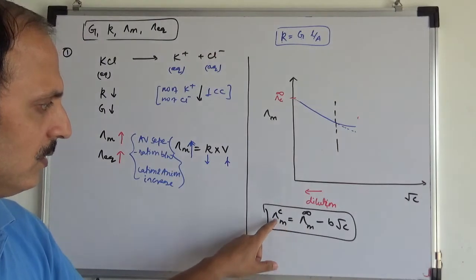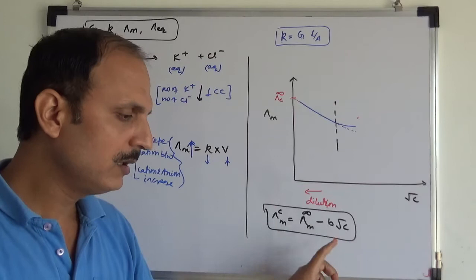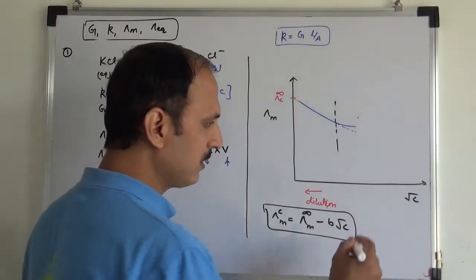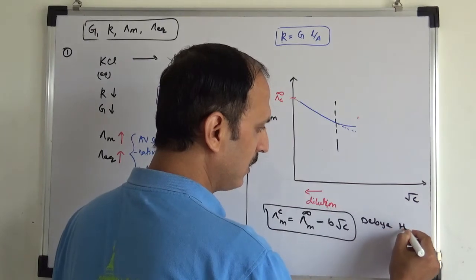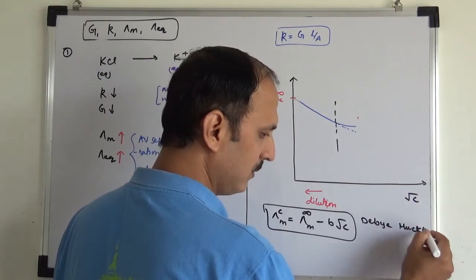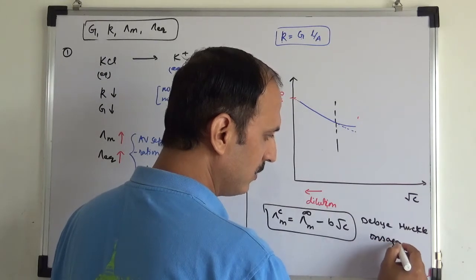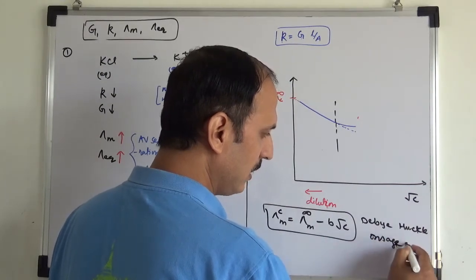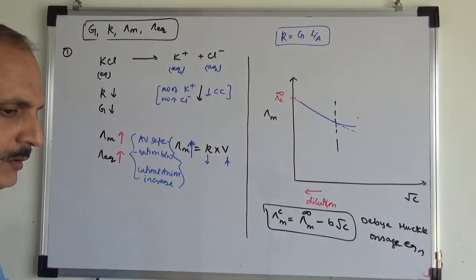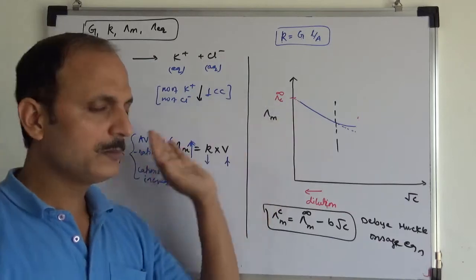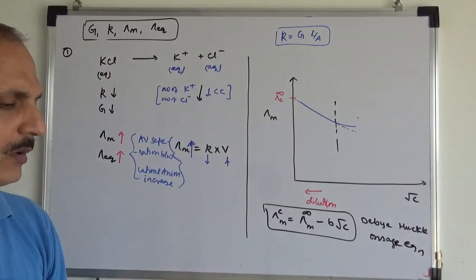So molar conductance at a given concentration can be given, and B is the Debye-Hückel-Onsager equation. This equation is known as this, and this is a straight line for a lower concentration.